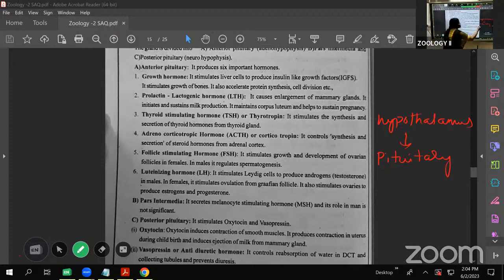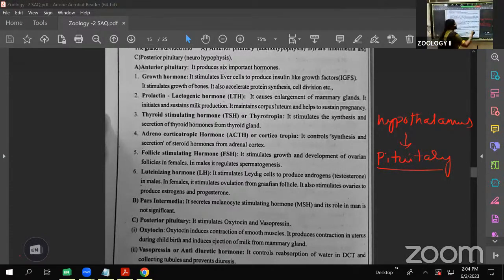The pituitary gland gives the stimulation that enters the target gland, and they are functioning. That we call the pituitary gland. The pituitary gland has three parts.